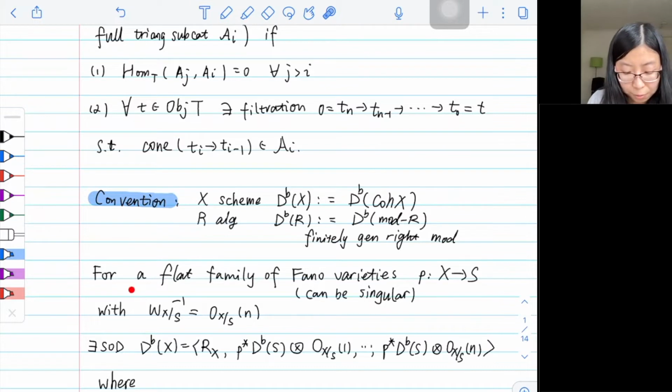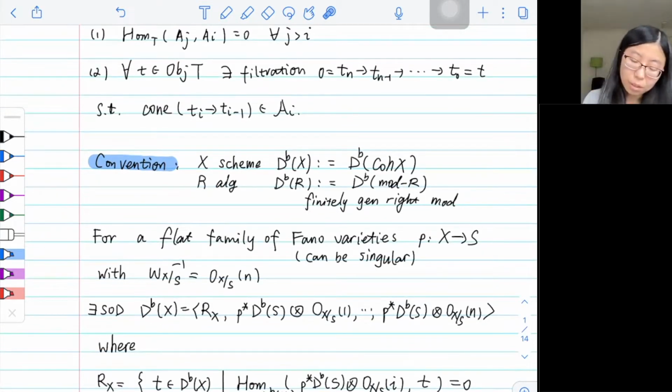Whenever you have a flat family of Fano varieties of index n, which means that the relative anti-canonical divisor is O(n), then inside this bounded derived category, you will have some trivial pieces.